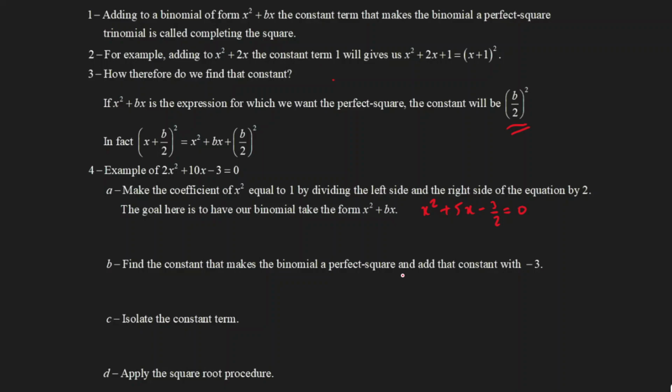Now, the second step will be to find the perfect square of this. What's the perfect square of x squared plus 5x? We have it here. The perfect square will be x plus 5 divided by 2, all squared.